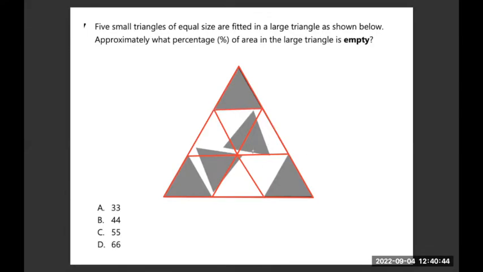Don't look at the triangles which are floating in the middle. Just ignore the gray triangles which are floating in the middle. Just give me the idea, what is the ratio of the white part versus the total triangle, triangles in the bigger triangle.